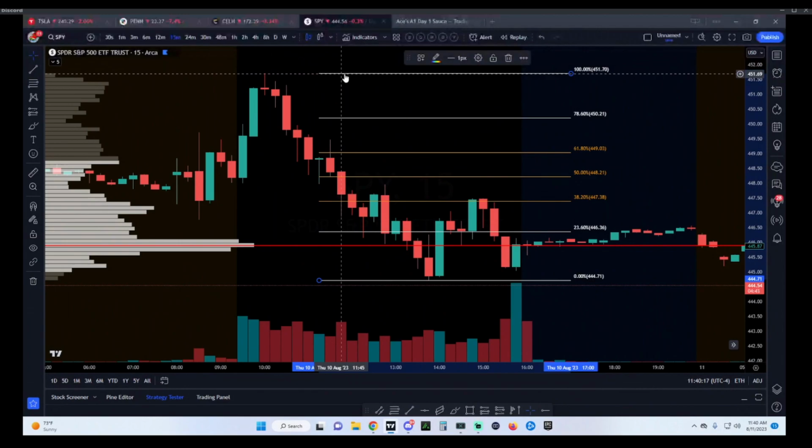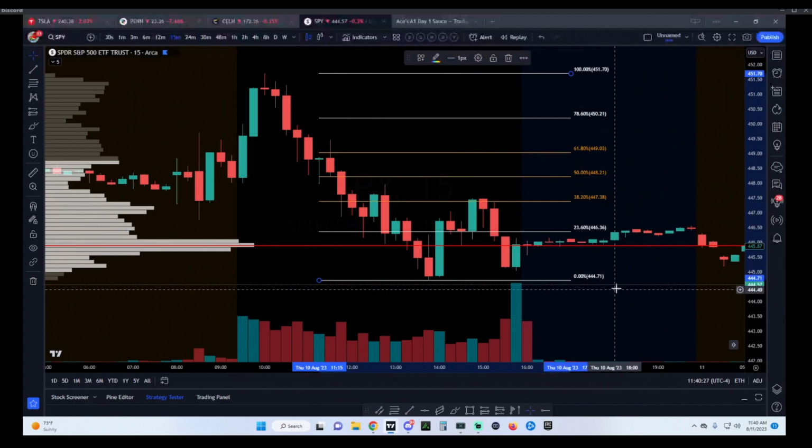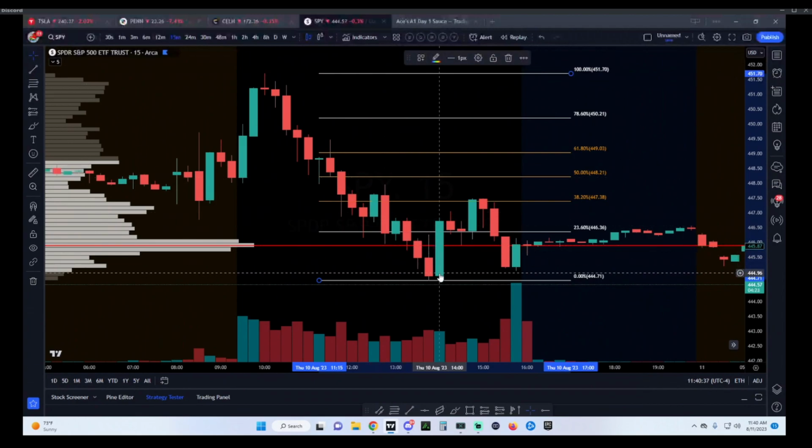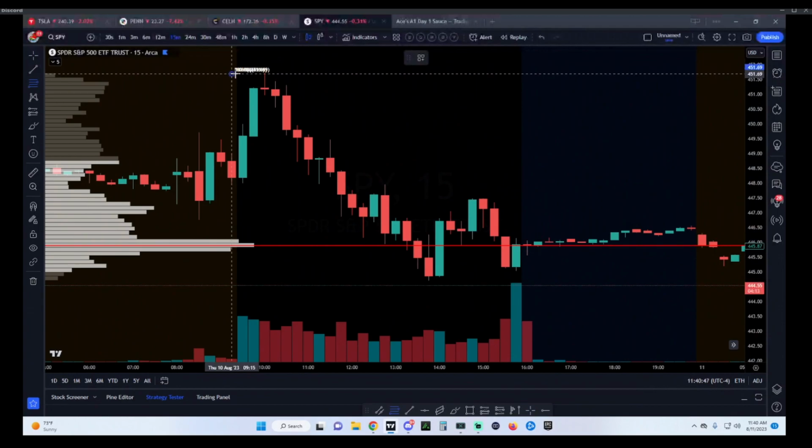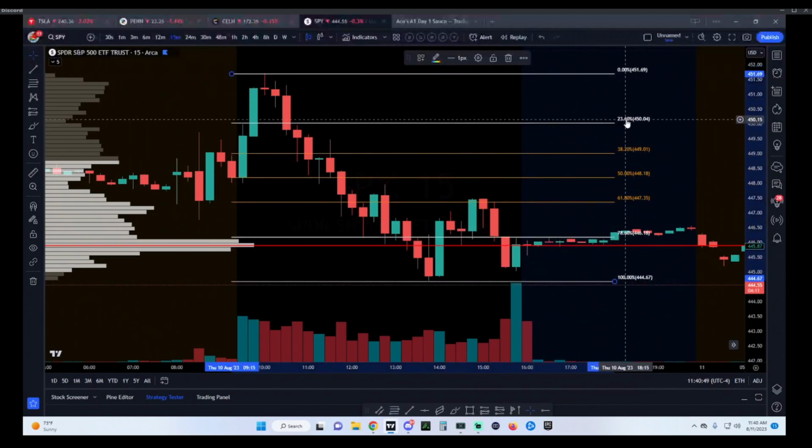So if I am now bearish from this peak to this bottom and I need to move through it, does it make sense that I retrace 78.6% of that given move? Or does it make sense if I've now retraced 23.6% from that top?